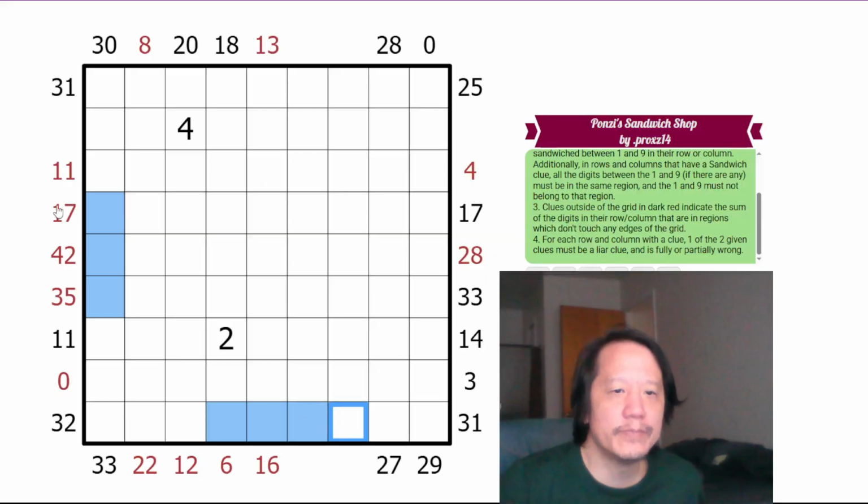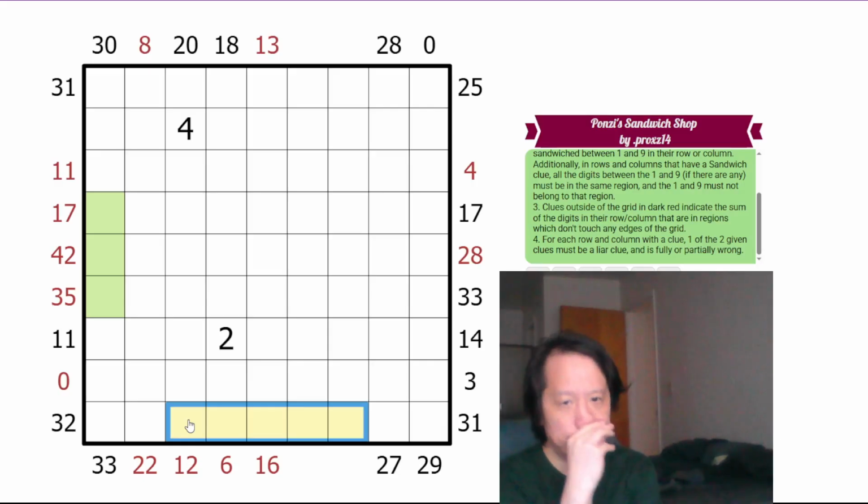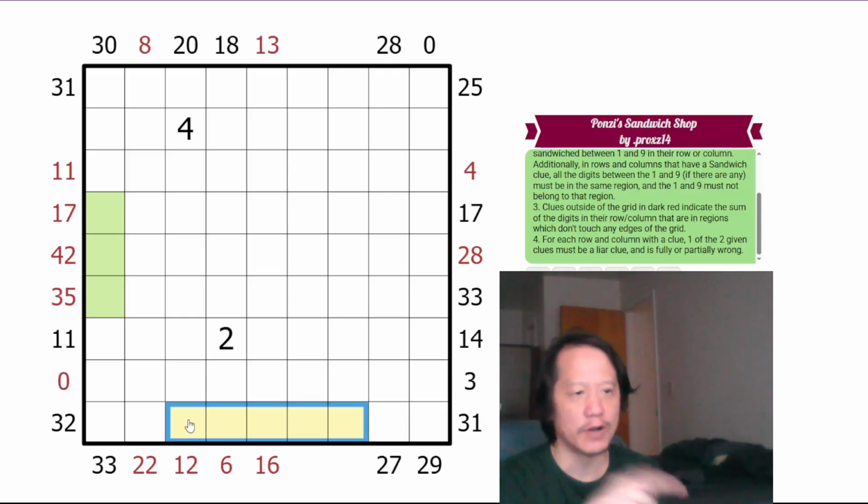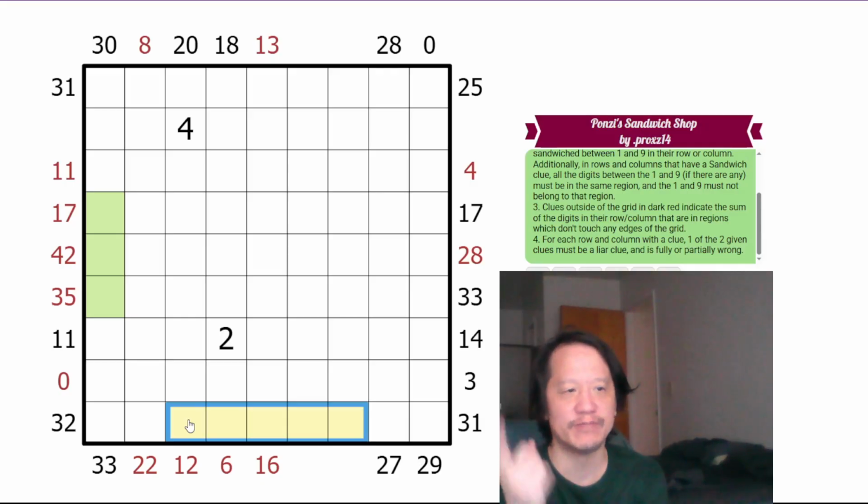So one thing then: we know they're all in the same region. So this has to be at least 5 digits here that are all in the same region, and then the 1 and the 9 are not part of that region. Because in row 9, you're either missing a 4 outside of the region, because 35 minus 31 is 4, and no 2 digits without a 1 add up to 4, or more digits, right?